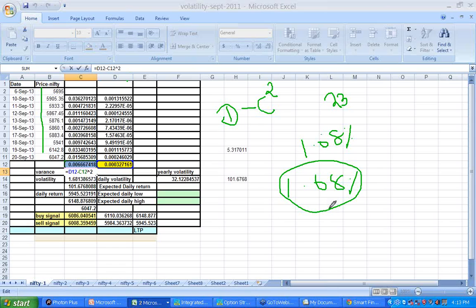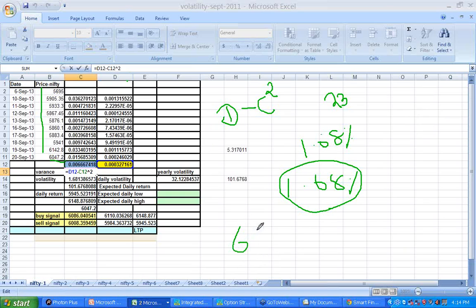So we presume and assume that Nifty will move by 1.68% on the coming day. Let us translate that into pricing terms. 6047 was the last traded price on the 20th September.